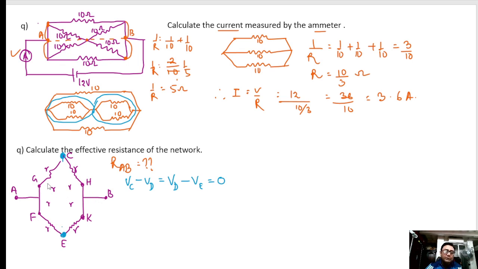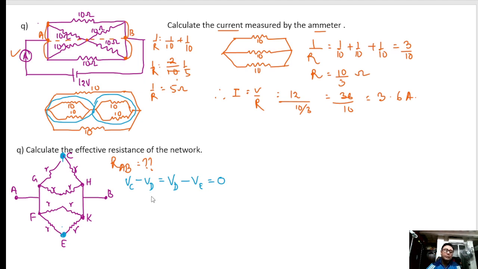So when we remove this line, we can draw the circuit like this also. We can draw the circuit like this also.